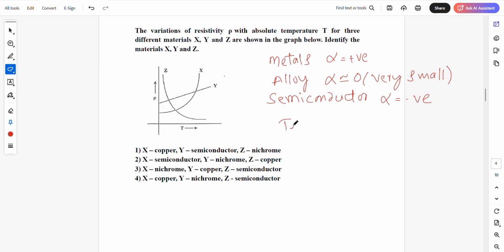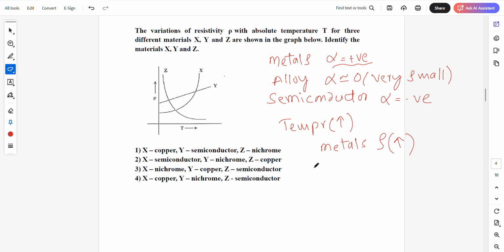When temperature increases, in case of metals, the resistivity also increases, because alpha is positive.